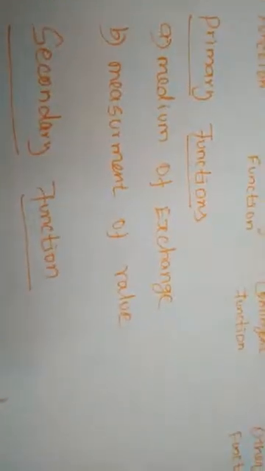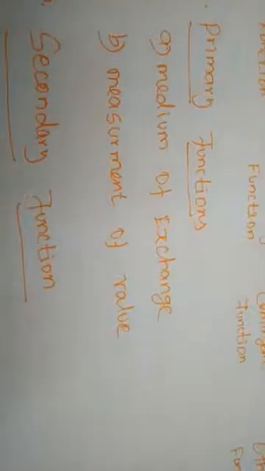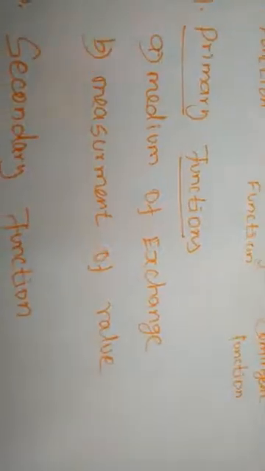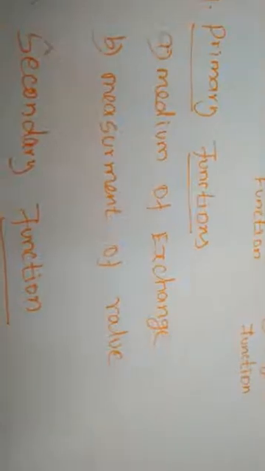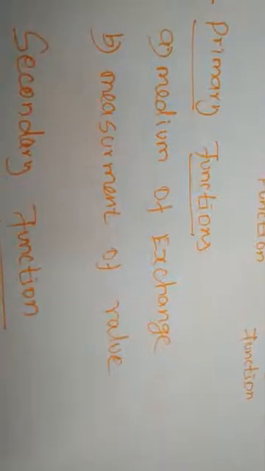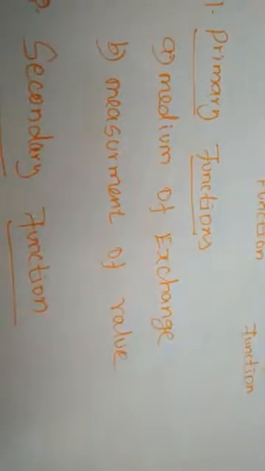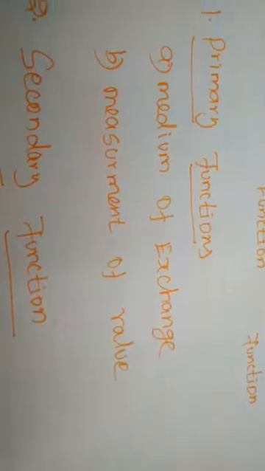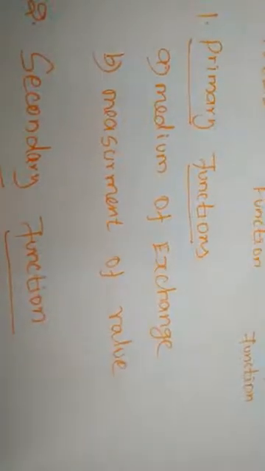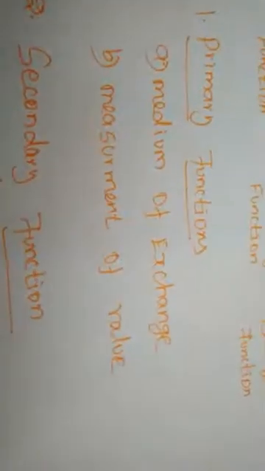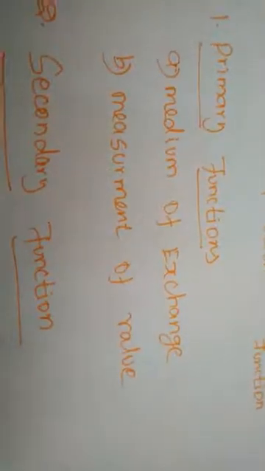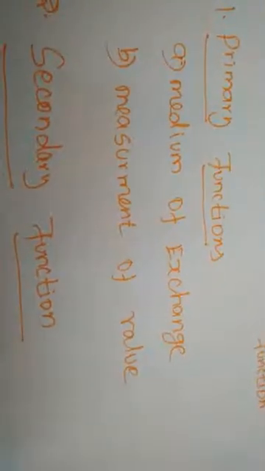So the value of commodities must be measured by something that is also acceptable to all persons. Nowadays, after the invention of money, the value of every commodity is measured by money only.